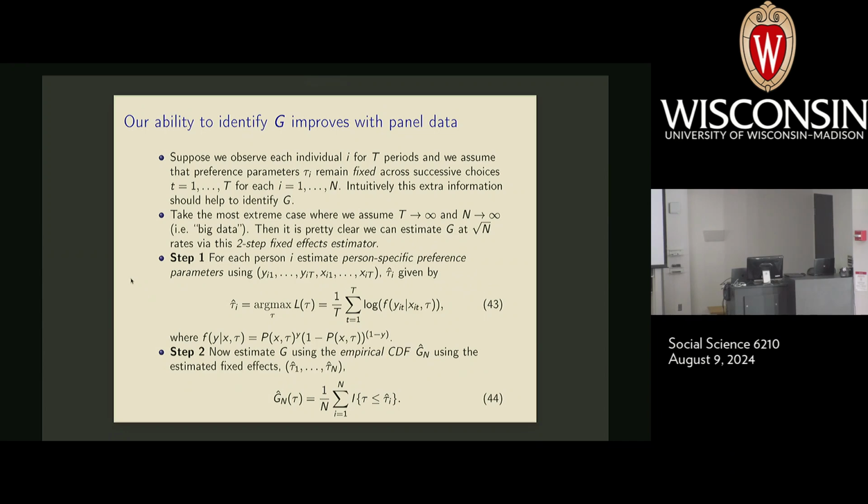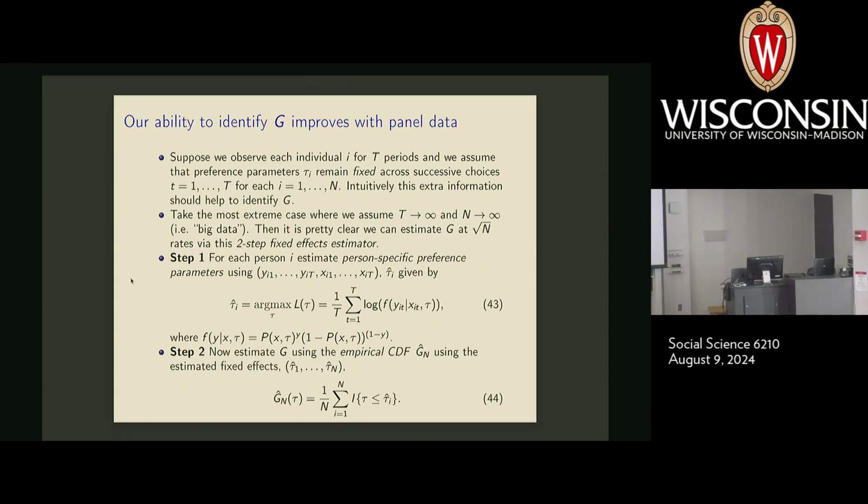If T is pretty big, I can write an individual likelihood for each person i, and I can estimate their tau person by person. Now, if T is going to infinity and n is going to infinity, then here's how you can recover G really well. You estimate everybody's tau person by person, and then you form an empirical distribution function.